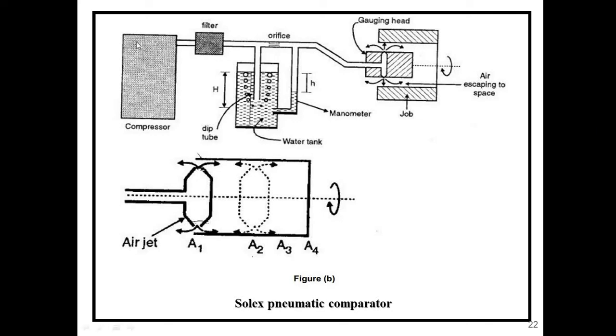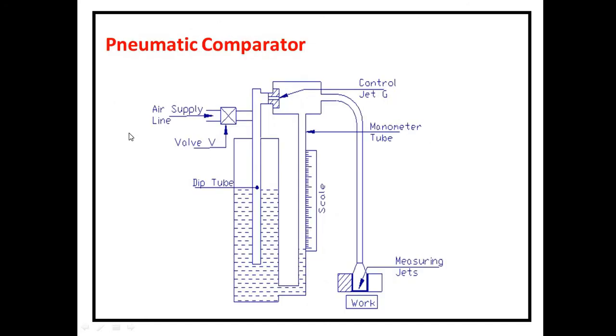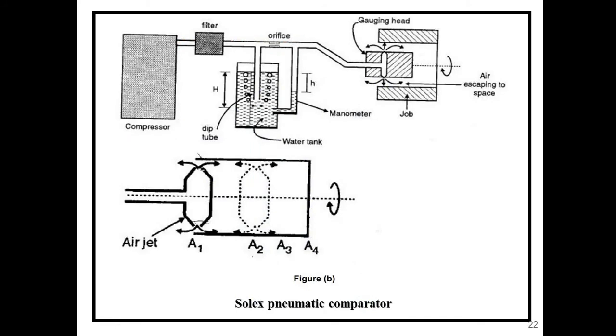Here you are using the filter, then this is the orifice. Then this is called a water tank. This is the dip tube, manometer, then the gauging head. This is called the gauging head, and this is the actual job. Now what is done in this case? The dry compressed air is made to pass.